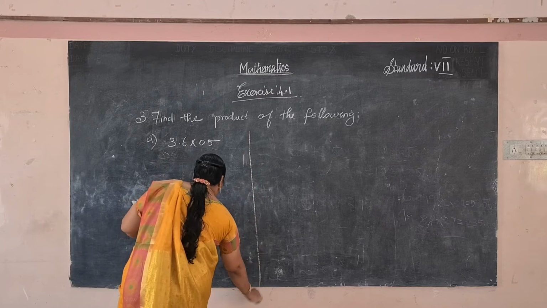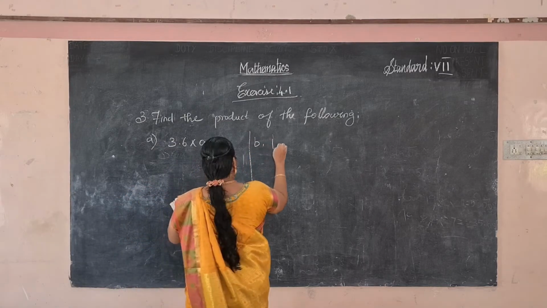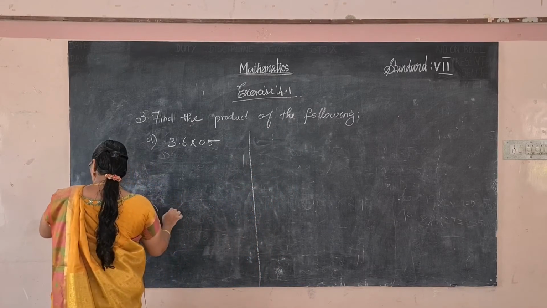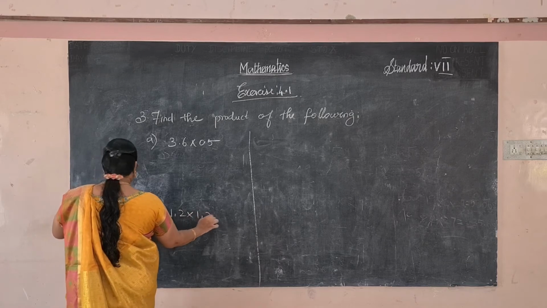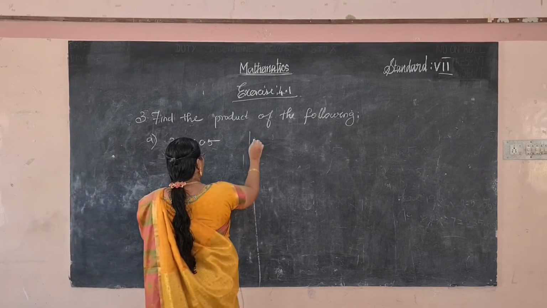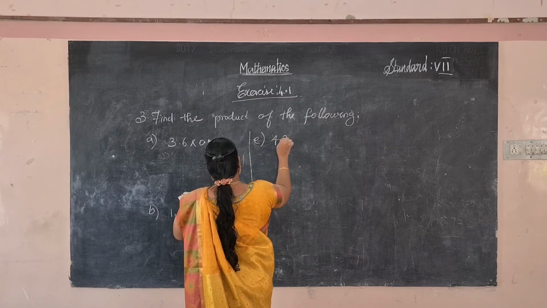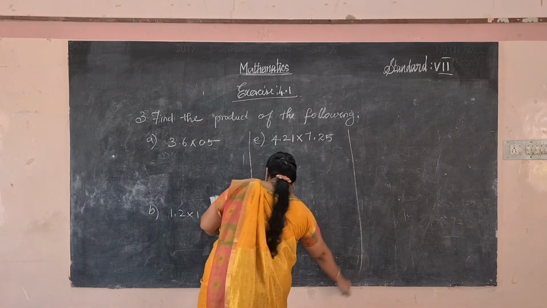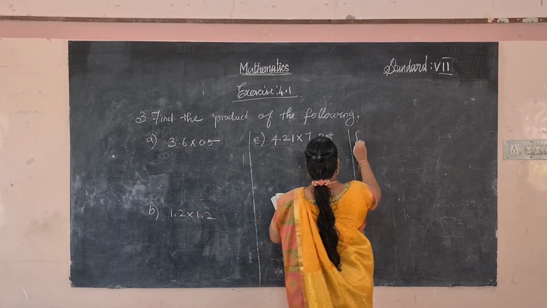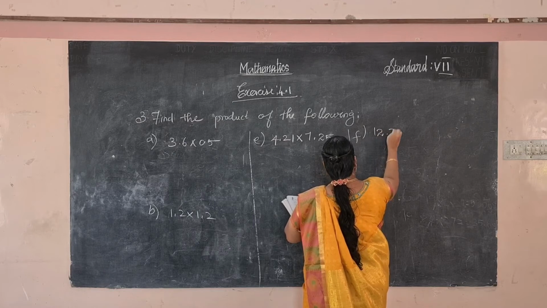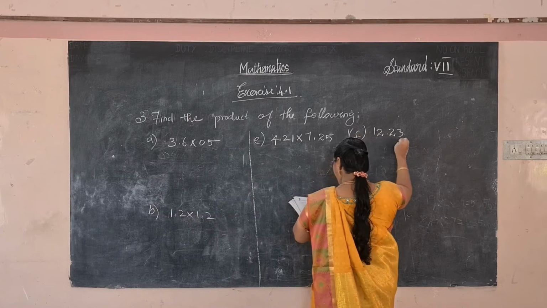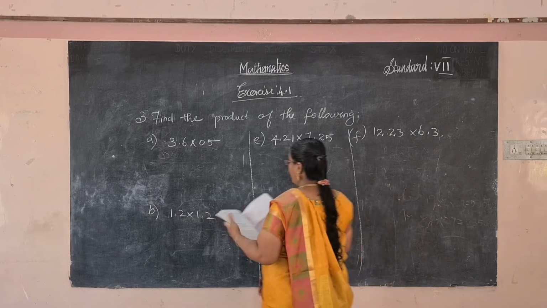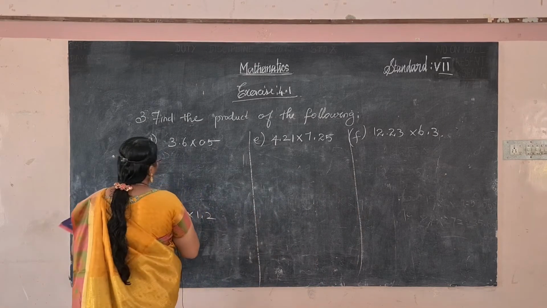And B: 1.2 into 1.2. And E problem: 4.21 into 7.25. F: 12.23 into 6.3. Okay, let's complete these 4 problems.